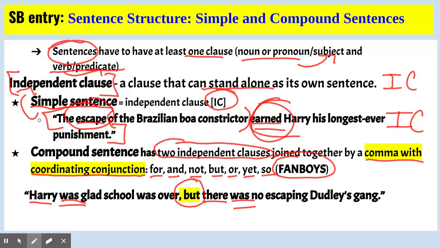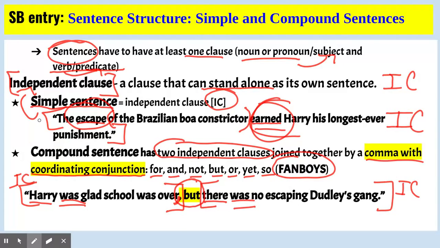I'm circling the comma and the coordinating conjunction. I want to make sure we always have that punctuation. And if we notice, that comma is attached to the word in front of the coordinating conjunction, it's not attached to the coordinating conjunction. So I have one independent clause right here, and then I have another independent clause down here. So I've got two ICs.